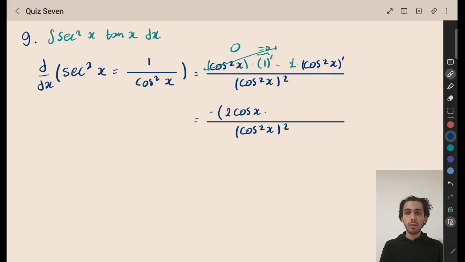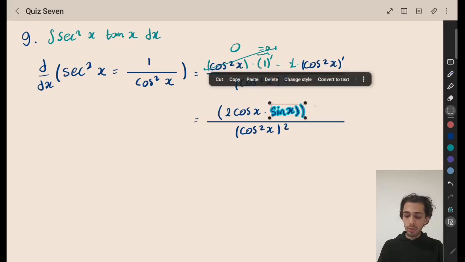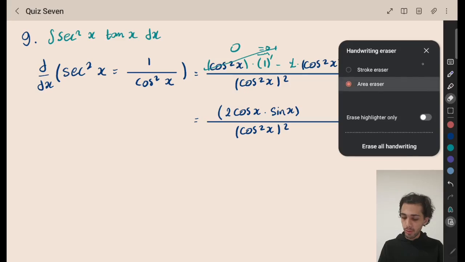The outside function is x squared. That's why I wrote 2 cosine of x. Now the derivative of cosine of x is sine of x. No, it's the negative of sine of x. Now I have 2 minuses here. 2 minuses make a plus, but 2 wrongs do not do a right.